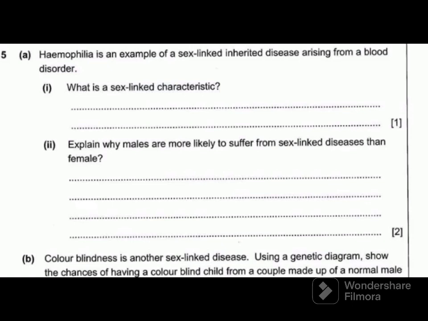Question 2 is asking to explain why males are more likely to suffer from sex-linked diseases than females.